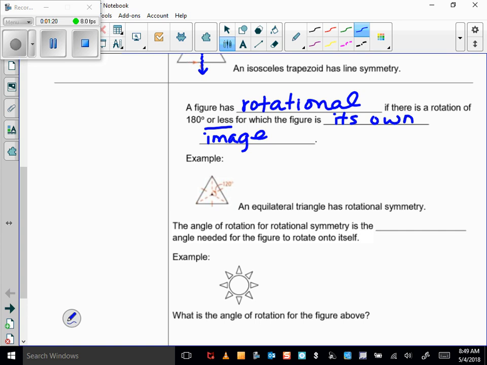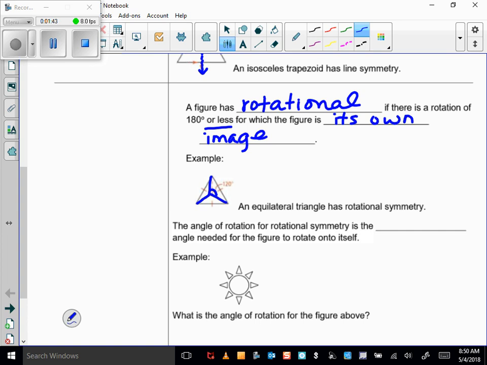If I were to rotate this 120 degrees, then the pre-image would be the image. It maps onto itself with a rotation of 120 degrees. There's not a smaller number of degrees I could rotate it. I could rotate it 240 degrees, right, and then 360 degrees.